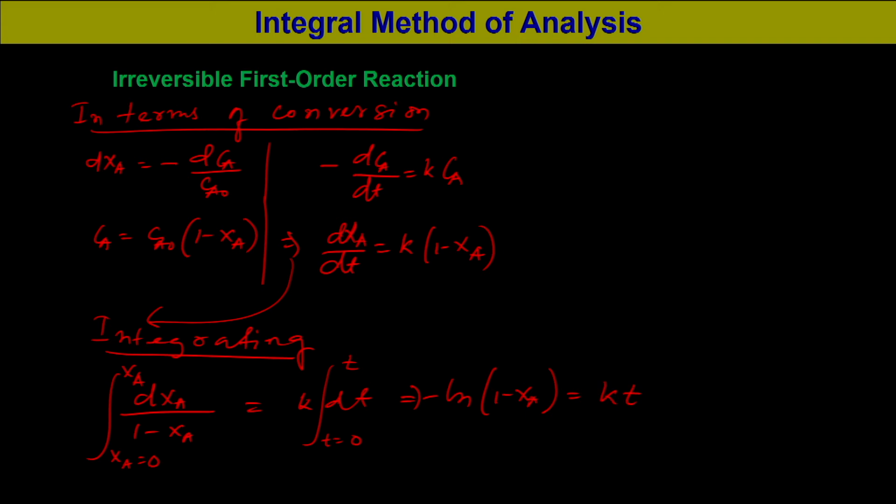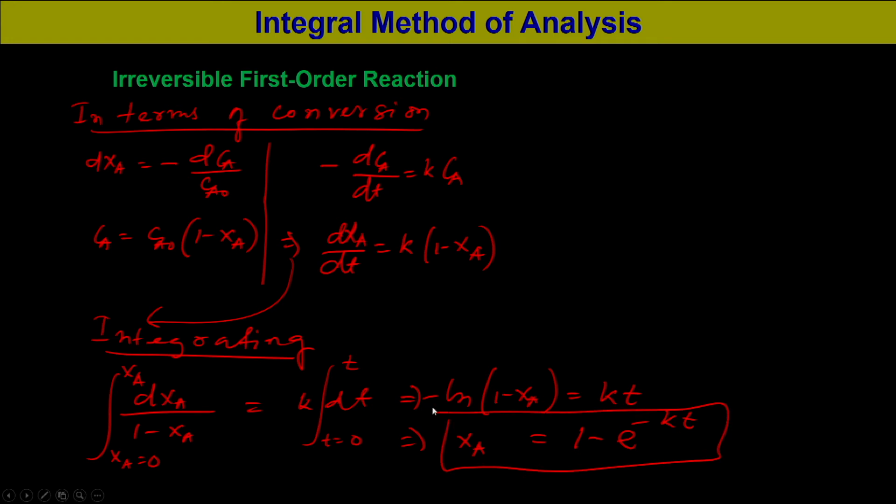So, from here we can write X A is equal to 1 minus e to the power minus k t. So, this is in terms of the conversion.